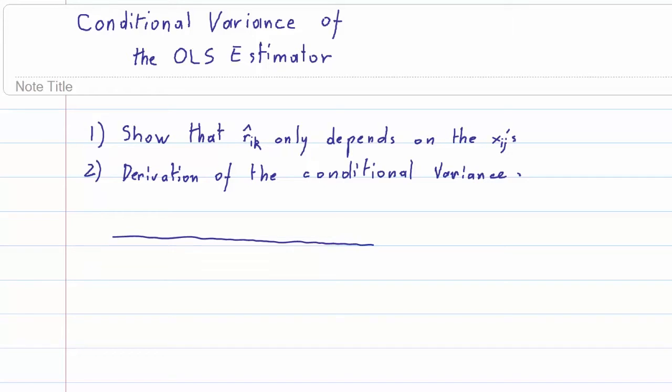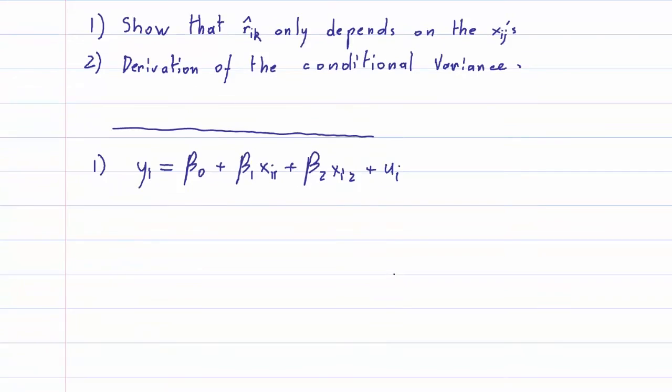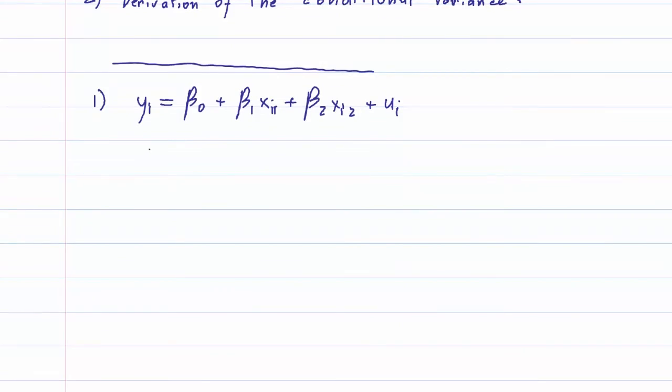So first, let's consider a simple model where the y's depend on the intercept, beta 0, plus a first variable x1, plus a second variable x2, and there is a residual ui. So remember, we do a two-step approach with a partialing out approach.